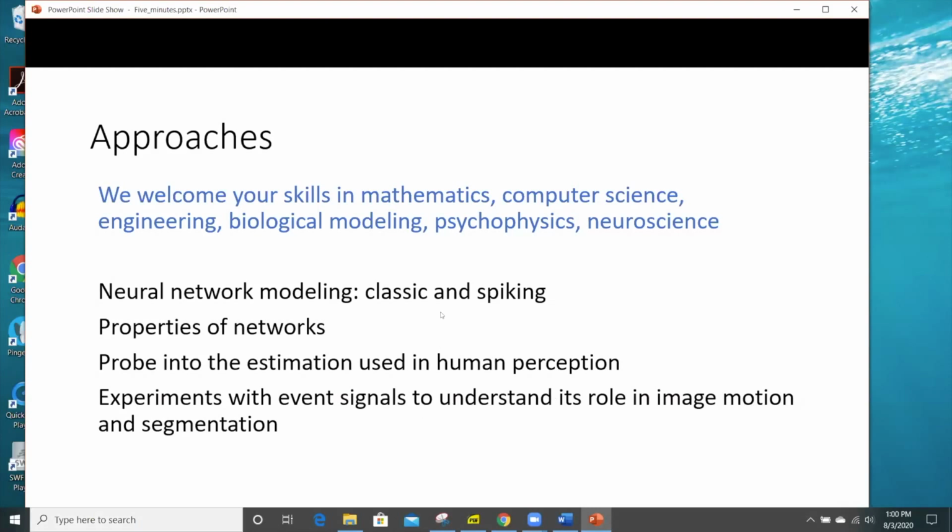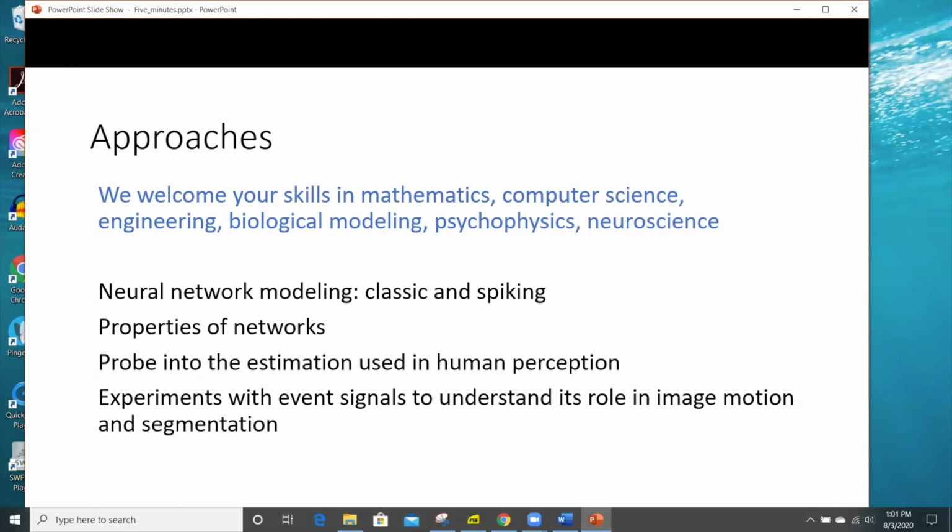Such illusions can also give us a tool into looking what is the estimation, is the human perception, what kind of estimators is it using? Is it really using least squares, for example? And the other thing interesting, we will be looking at event signals that are at the core of neuromorphic processing to understand also the role of the event signal in image motion analysis and in segmentation.